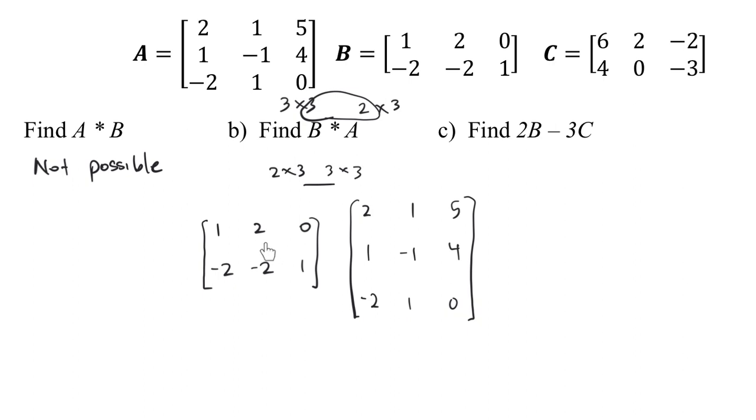So when matrix B is multiplied to matrix A, we're going to get a 2 by 3 matrix.